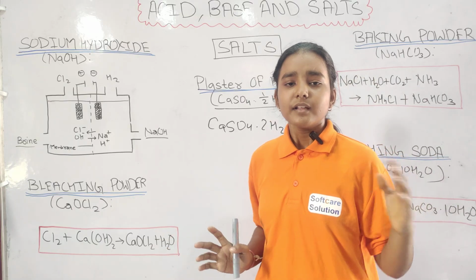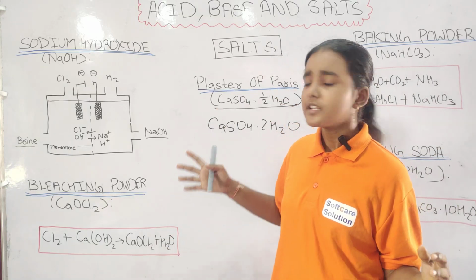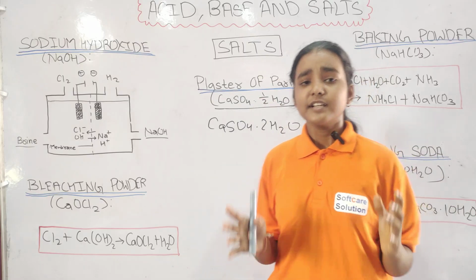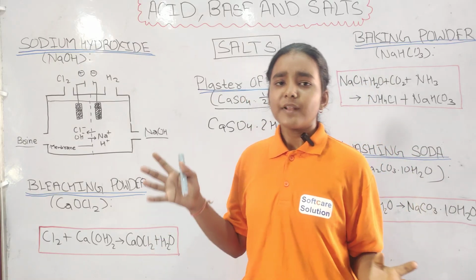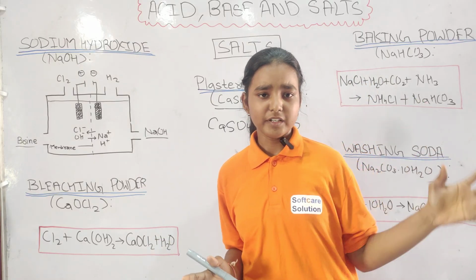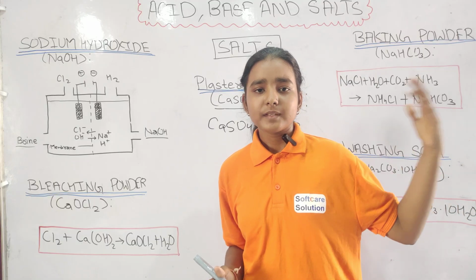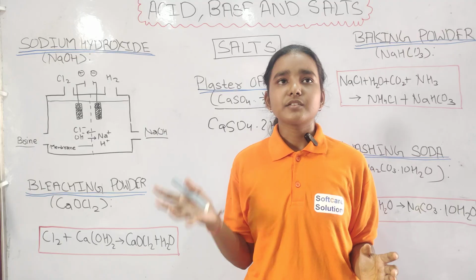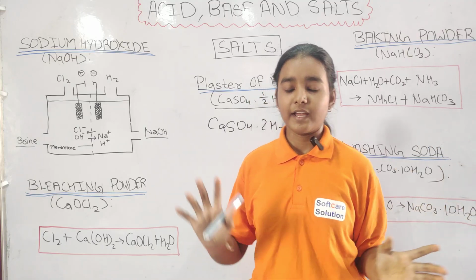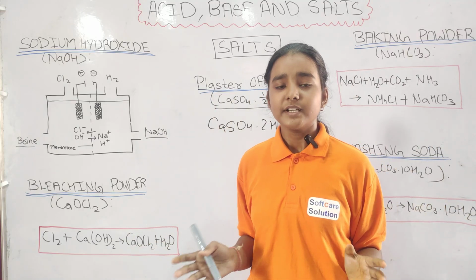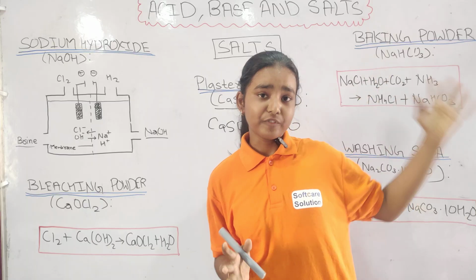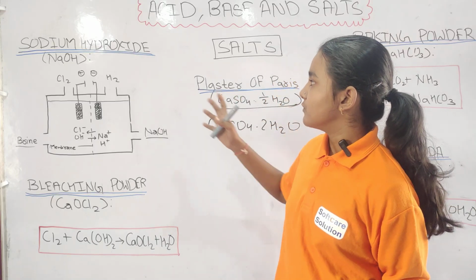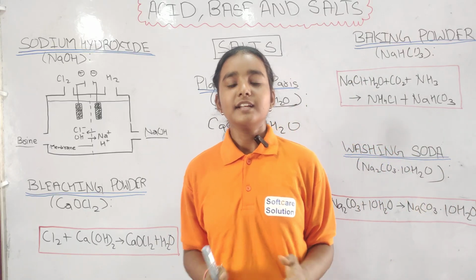And if we add water again to plaster of Paris, it again becomes gypsum. The plaster of Paris is a powdered substance after getting heated, and it is used in making toys and also decorative items. It is used by doctors to support fractures. And this is what I wanted to explain about the salts, and thank you.